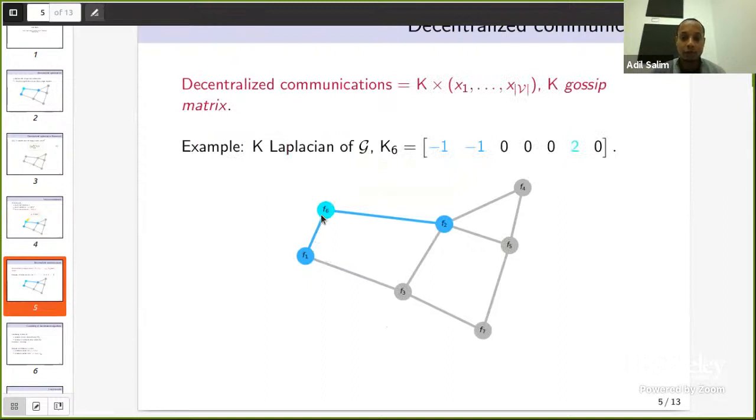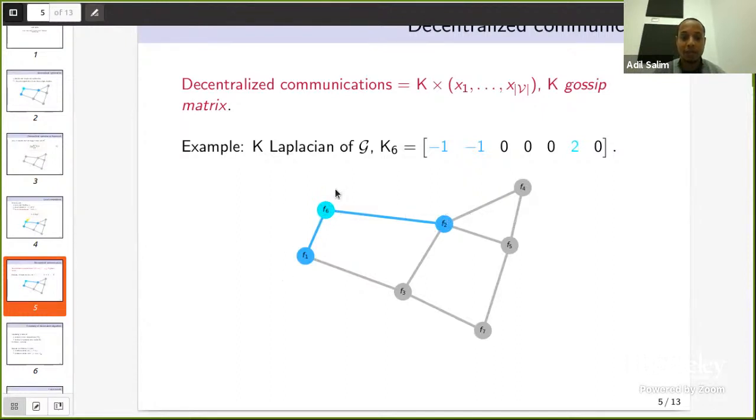Moreover, in the network, we are allowed to perform communication steps, which means that the local variable located at node i can be shared with the nodes connected to node i. For instance, at node 6 we have x6 and it can be shared with node 2 and node 1.